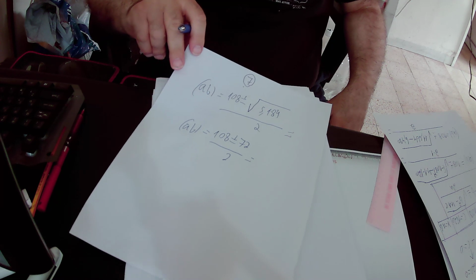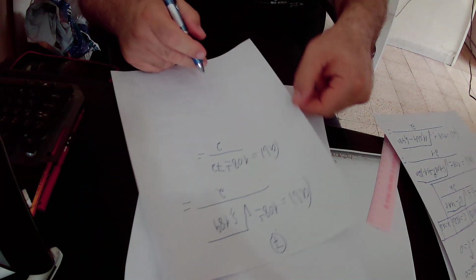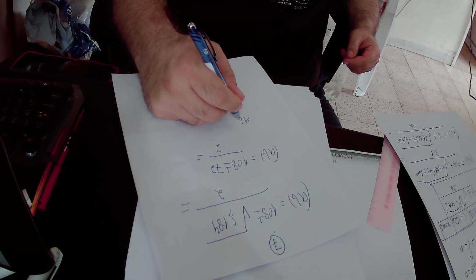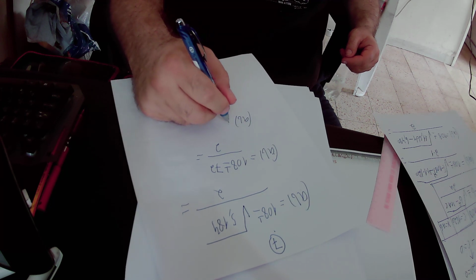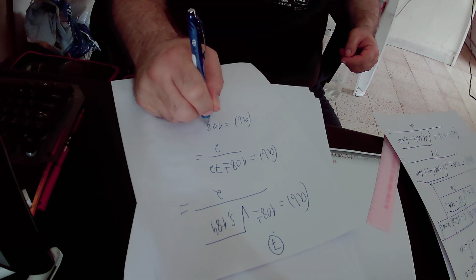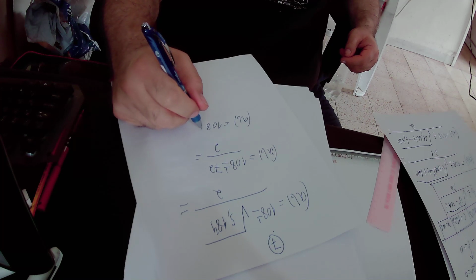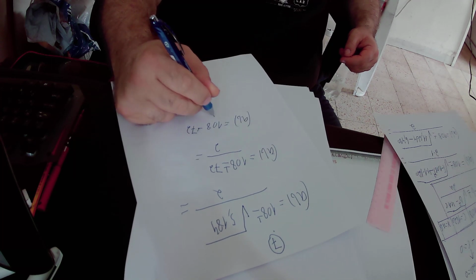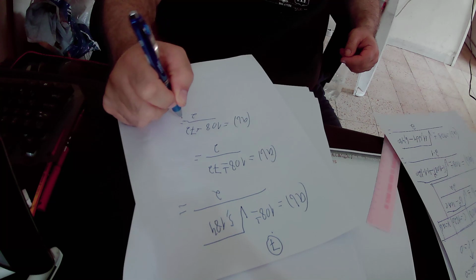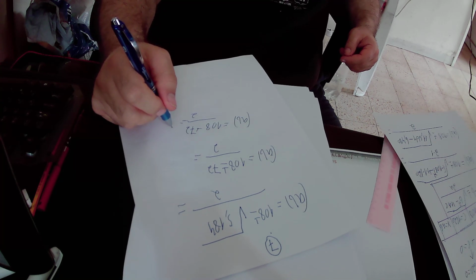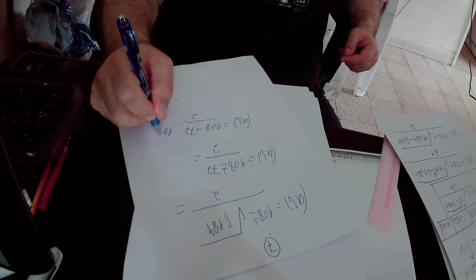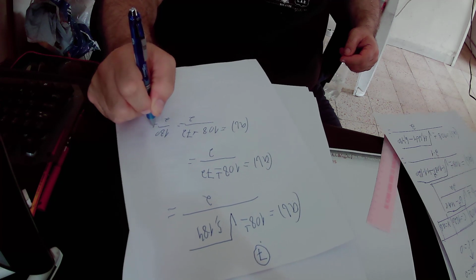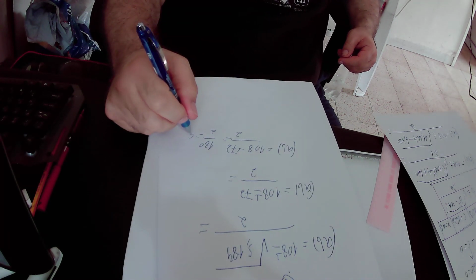The first solution is AB equals 108 plus 72 divided by 2. 108 plus 72 is 180, divided by 2 equals 90.